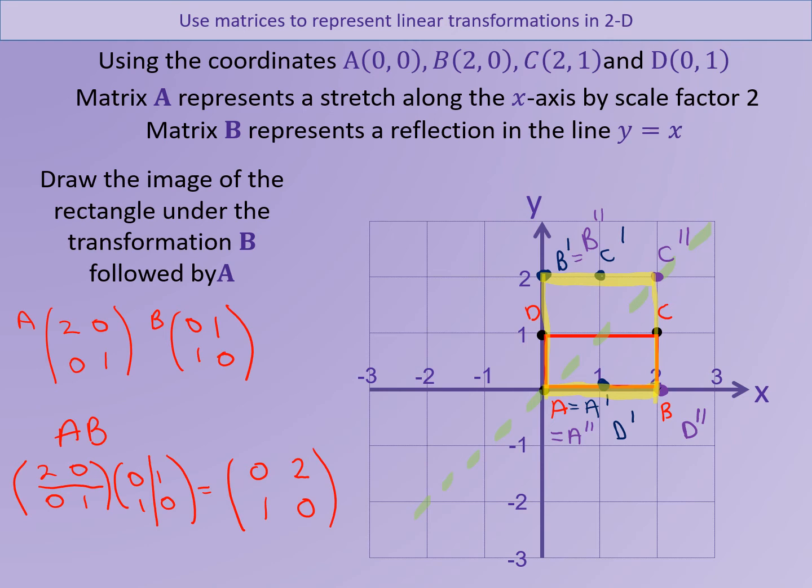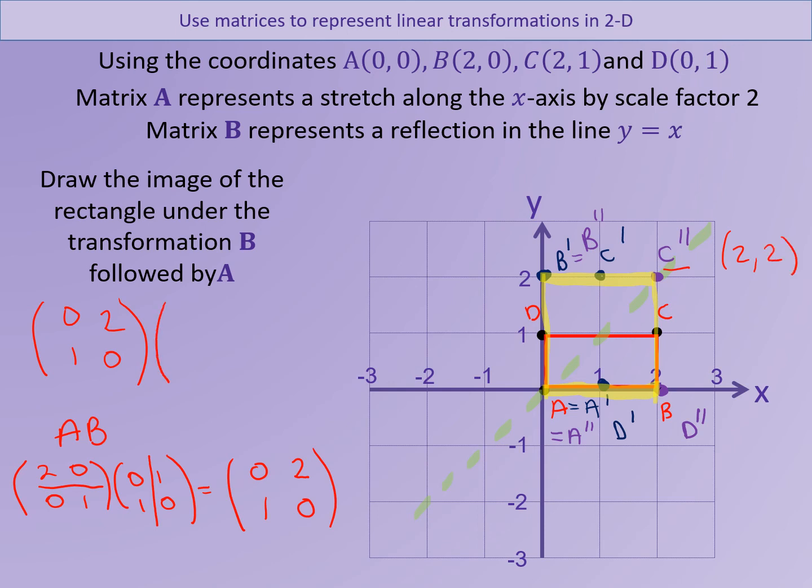So let's check this. If we use the same point again, let's use C. So if I just get rid of those extra bits there, just above, give me a little bit of space. So [0, 2; 1, 0]. Let's see what we are expecting. So we're expecting C double prime to have the coordinates (2, 2).